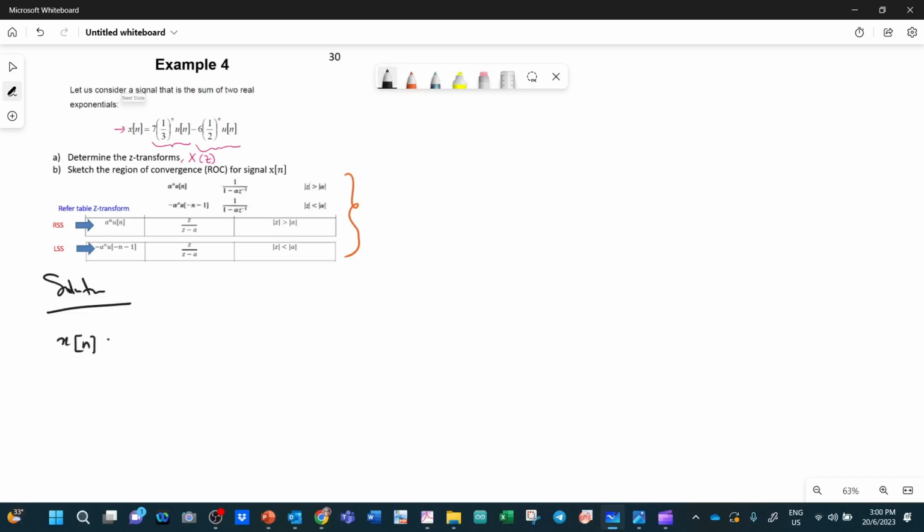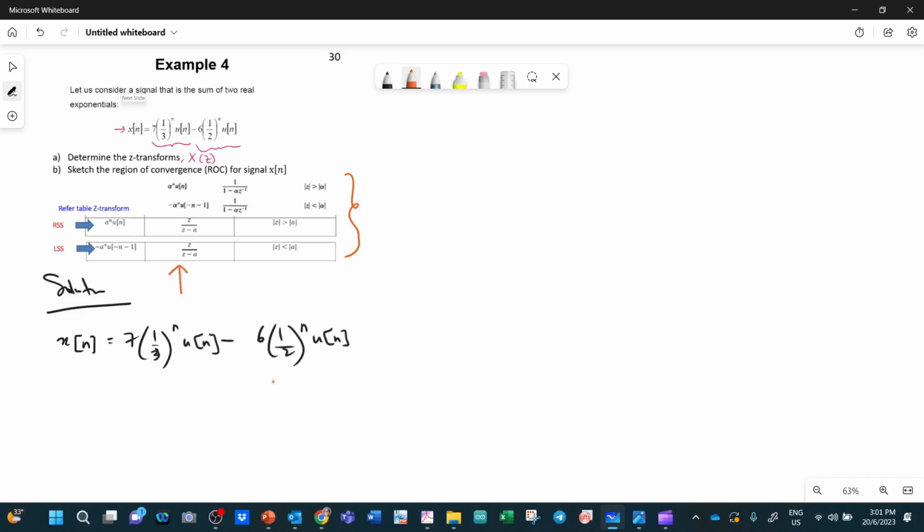The question is x[n] equals 7 (1/3)^n u[n] minus 6 (1/2)^n u[n]. So this is 1 over 3.